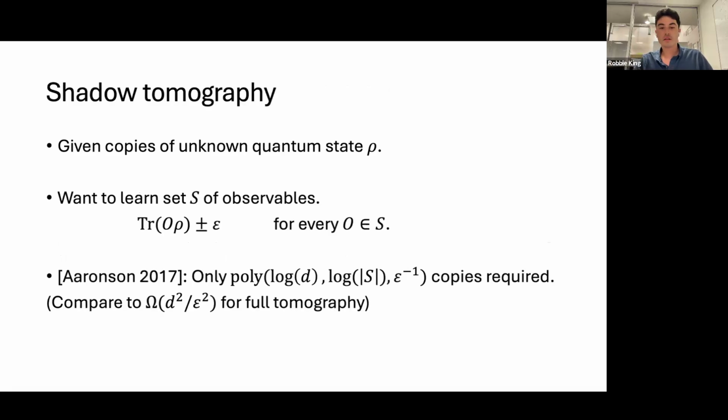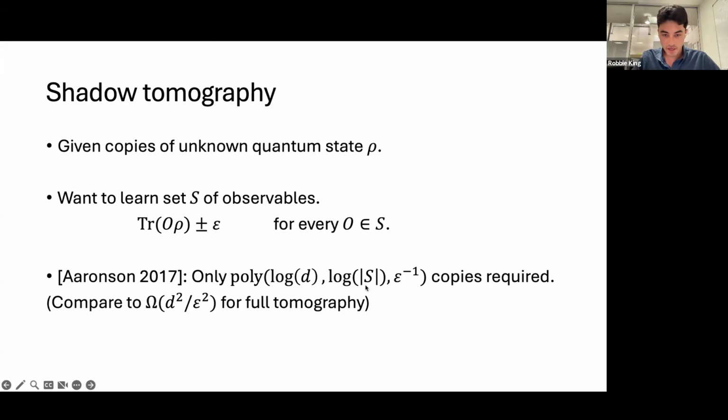But what if we have a list of observables, say S, which we are curious about, and we know this beforehand? Then maybe it's an easier task just to measure the expectation values of these observables. This is a task known as shadow tomography. And what Scott Aaronson showed in 2017 when he defined this task was that, in fact, only poly log d and log S copies of the state are necessary.